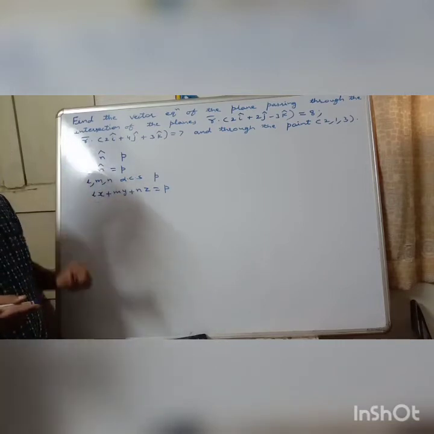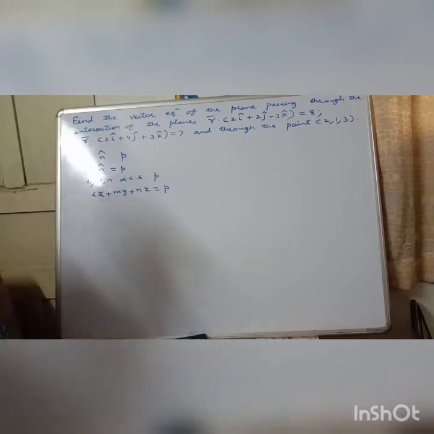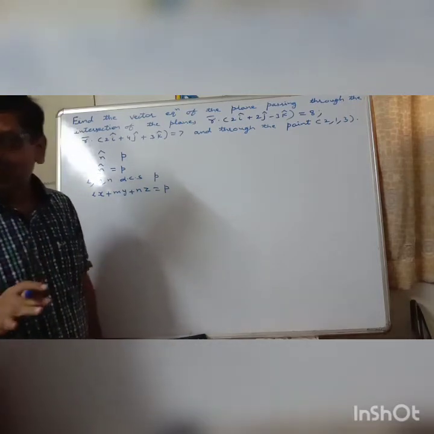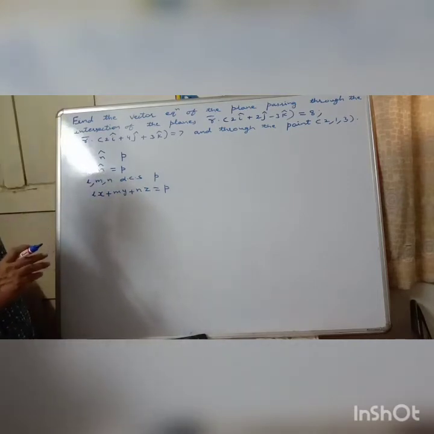Now line or vector has direction ratios or direction cosines. Plane does not have direction ratios or direction cosines.